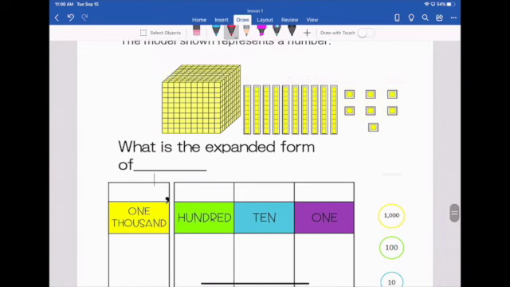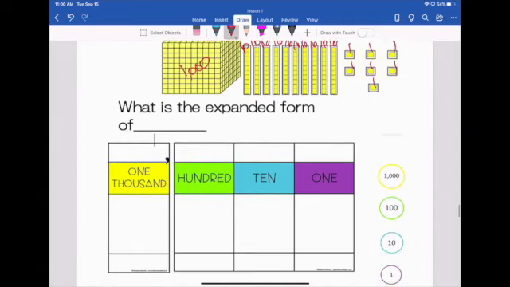This problem, basically, we need to label. We need to write it down. How many ones? Count it. 1, 2, 3, 4, 5, 6, 7. All you want, you can label. 1, 2, 3, 4, 5, 6, 7, 8, 9, and 10.